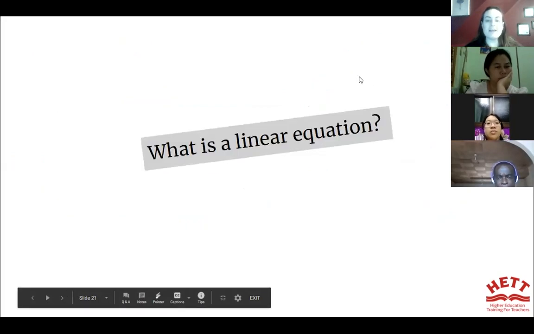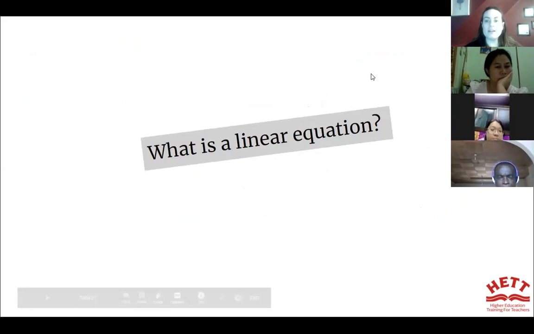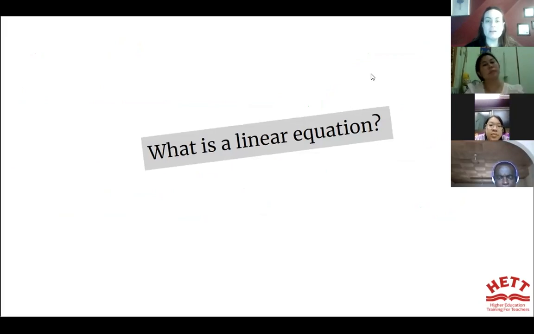What is a linear equation? Just 1 second. Is this an essential question or a knowledge-based question? I'll give you 1 minute to answer.